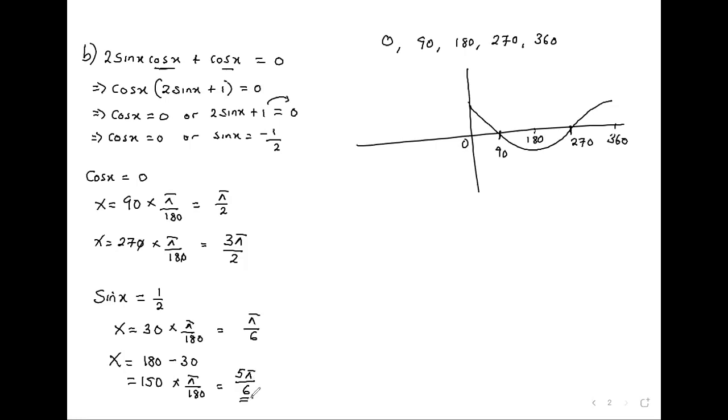So this means that our solutions are x is equal to pi over 2, pi over 6, 3 pi over 2, and 5 pi over 6.